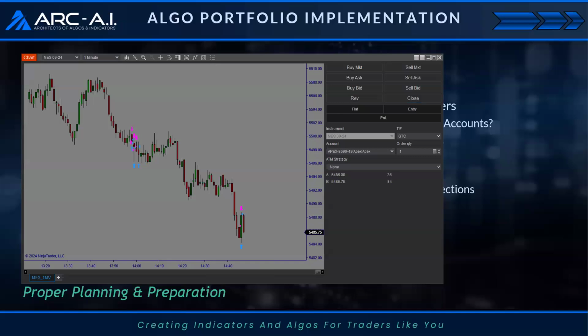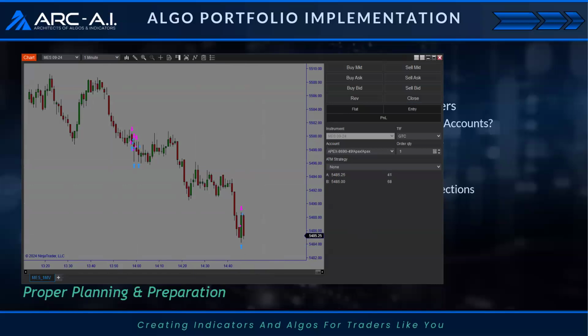So whenever you're looking at P&L, you always want to look at Apex Rithmic, and it'll show you how much you're actually down with commissions and everything. So bear that in mind.